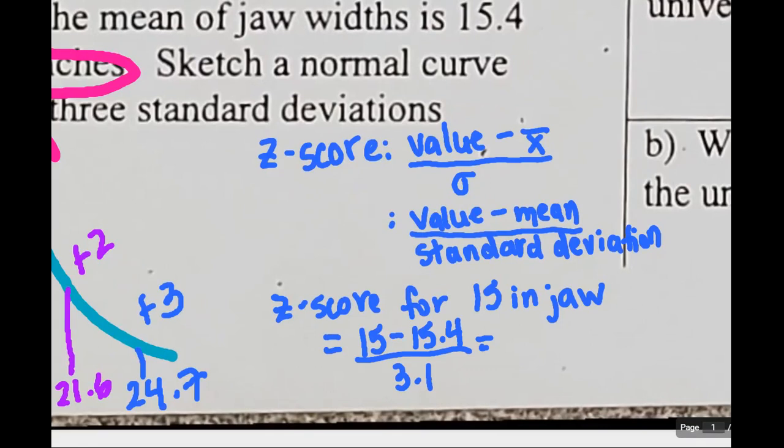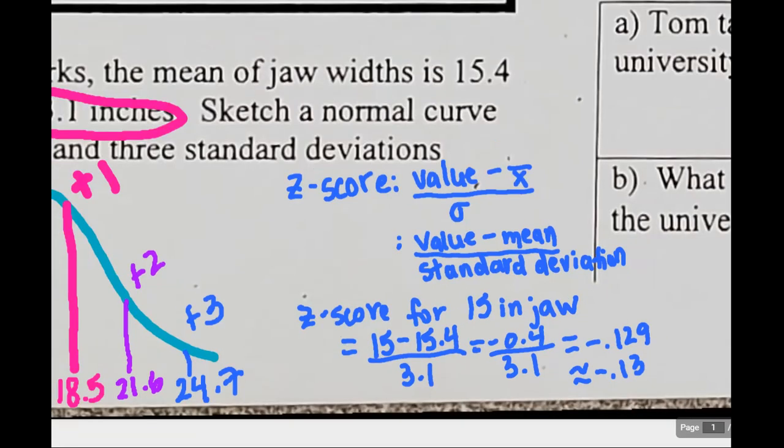I'm going to put this into my calculator. So I take 15 minus 15.4, and I get -0.4 off of the mean. That means I'm not even going to be 1 standard deviation because each standard deviation is 3.1. So when I divide it by 3.1, I get a z-score of about -0.129. So that is what a z-score is.